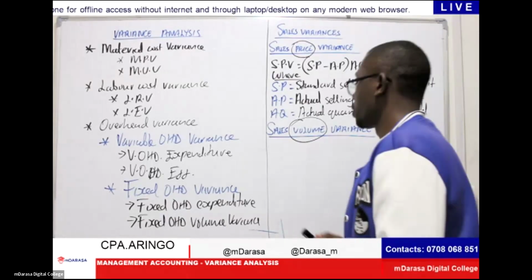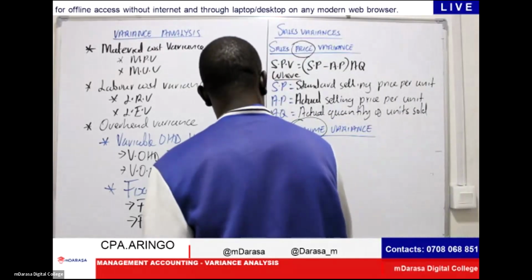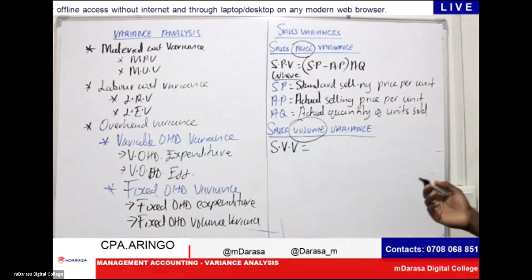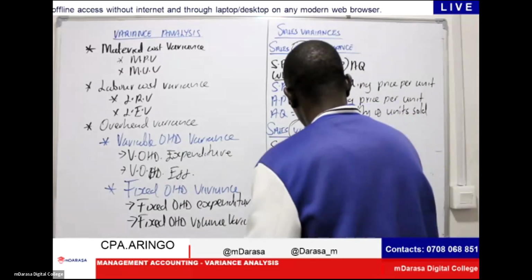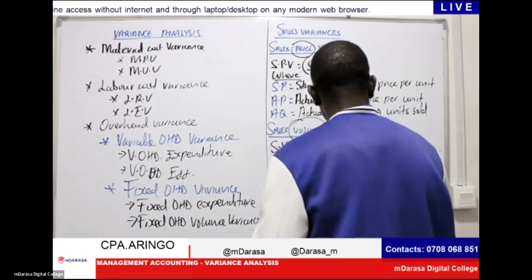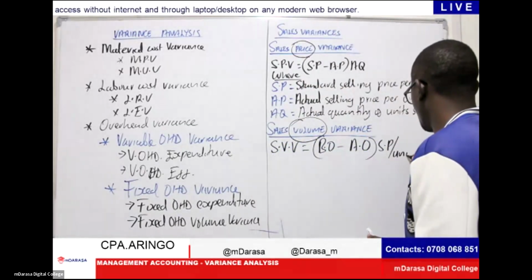So when you're talking about the sales volume variance, we consider our output: budgeted output minus actual output, valued at the standard profit per unit.